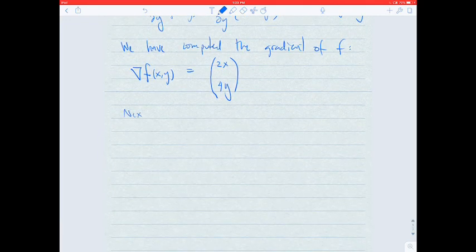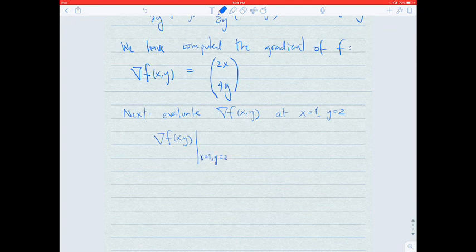So next, we evaluate the gradient of f of x, y at x equals 1, y equals 2. This just amounts to plugging in. Some more notation here that you'll sometimes see, so it's important to at least be aware of it, is this vertical line. This gradient evaluated at x equals 1, y equals 2 is 2 and 8.